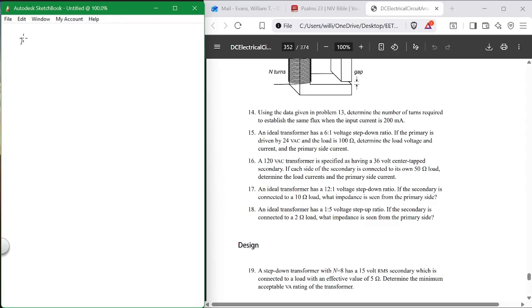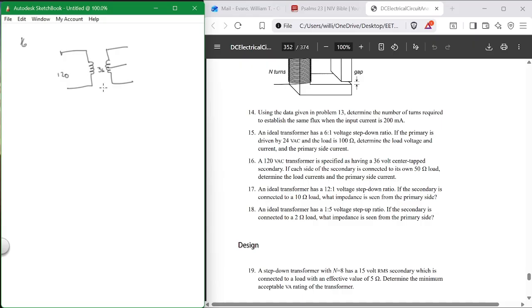Number 16, you have a 120 volt primary, and you have a 36 volt center tap secondary. This is a total of 36 volts over here, 120 over there.